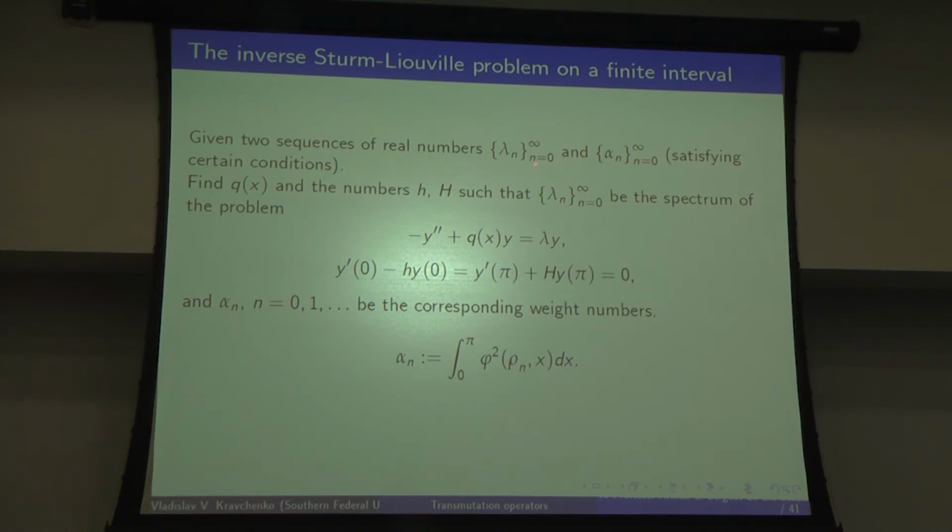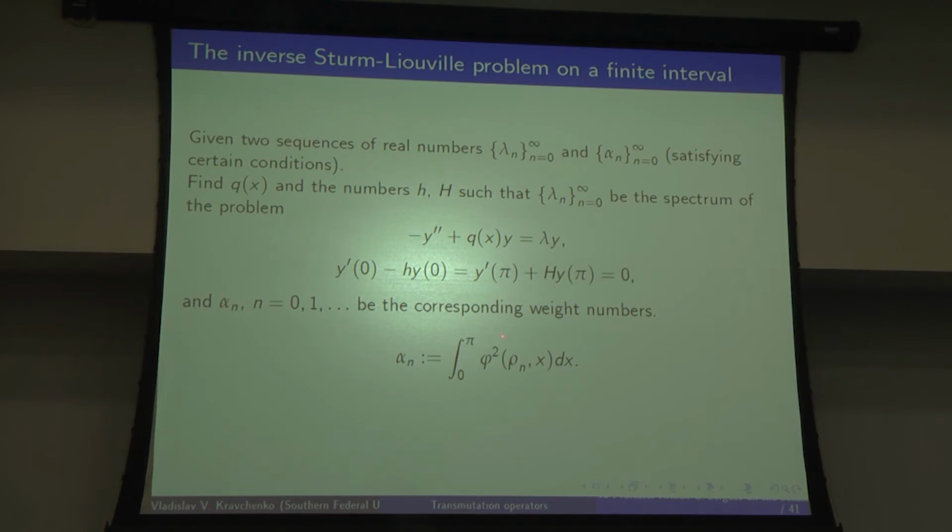Given two sequences of real numbers, lambda n and alpha n, satisfying certain conditions which I omit here because they can be seen in the book by Levitan and in many other texts, find Q and the numbers h small and h capital such that lambda n is the spectrum of this Sturm-Liouville problem.